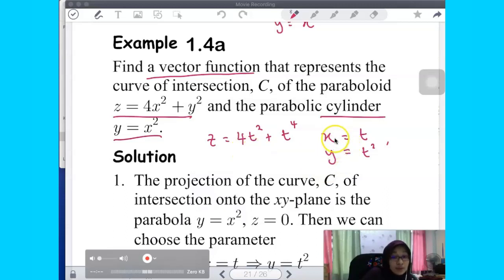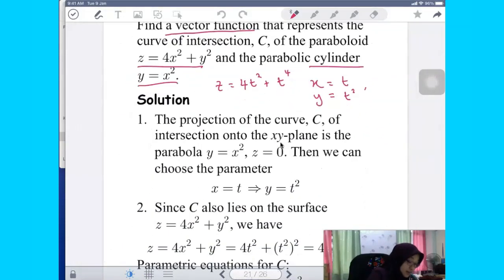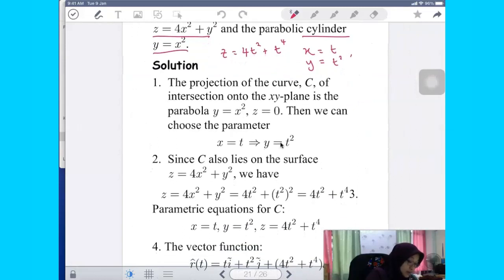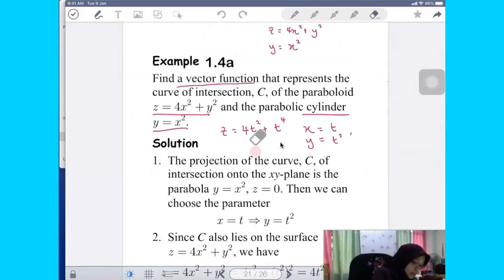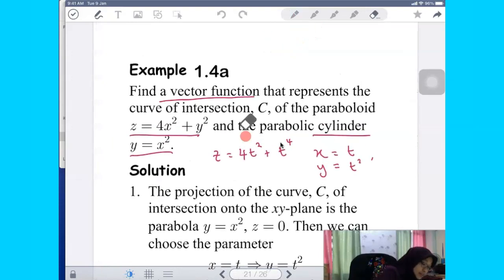Once you have all the parametric equations for x, y, and z, you can get the vector. You just rewrite them into vector form. Let's say the vector function here, I put f again, in terms of t.